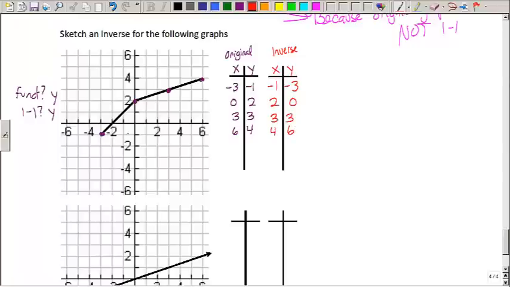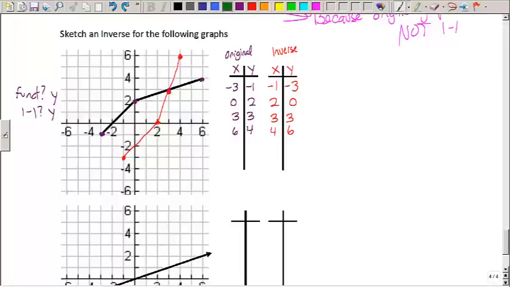When I plot these points, (-1, -3), (2, 0), (3, 3) lands right on the other graph, and then (4, 6). And I can connect these points, and I get the inverse graph.